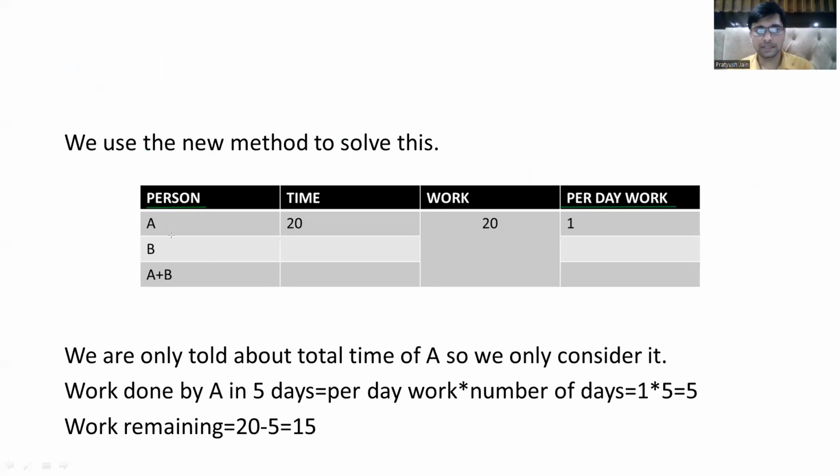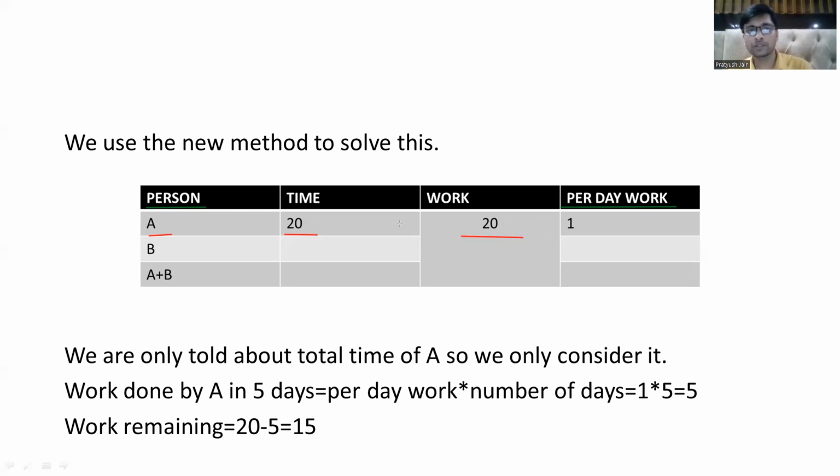So for person, I have A. Now, total time of only A is given to me in the question, that A can complete a work in 20 days. How much time B takes to complete the entire work is not given to me. Only A is given, so I will only take A. So for work, I will simply say LCM of time, which is 20 in this case. Rather than one work, I have broken my one work into smaller parts, which is equal to LCM of time.